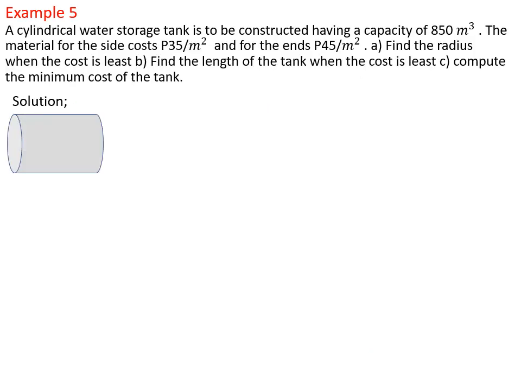A cylindrical water storage tank is to be constructed with a capacity of 850 cubic meters. The material for the side costs 35 pesos per meter squared and for the ends 45 pesos per meter squared. A: find the radius when the cost is least. B: find the length of the tank when the cost is least. And C: compute the minimum cost of the tank.